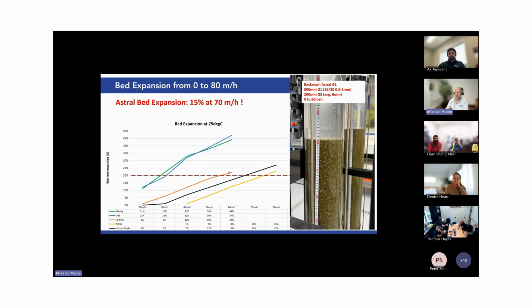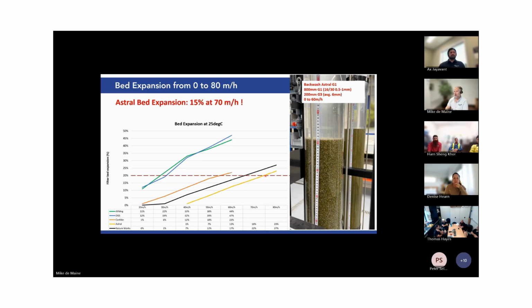Then you can see Certicon, a glass media as well, and the Nature Works glass media, which only achieves 20% bed expansion at around 68 meters per hour. And then the Astral is the worst of the lot, needing around 75 meters per hour to get 20% bed expansion.